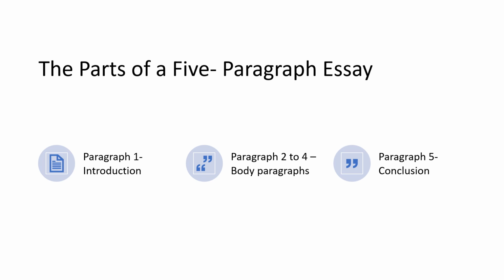The first paragraph is expected to be the introduction. Paragraphs 2 to 4 are expected to be the body paragraphs, while the last paragraph or the 5th paragraph is supposed to be the conclusion. We will discuss in detail further the parts of a 5-paragraph essay in this lecture.